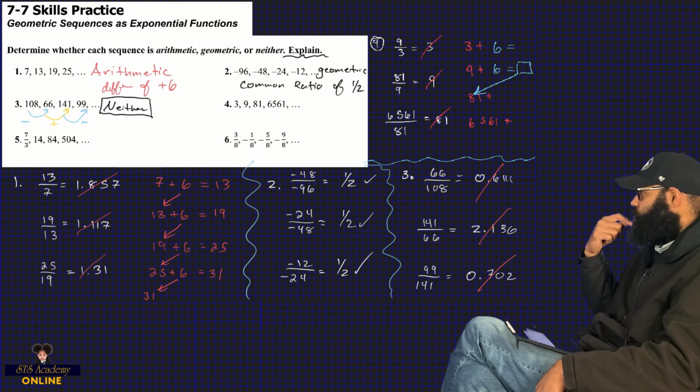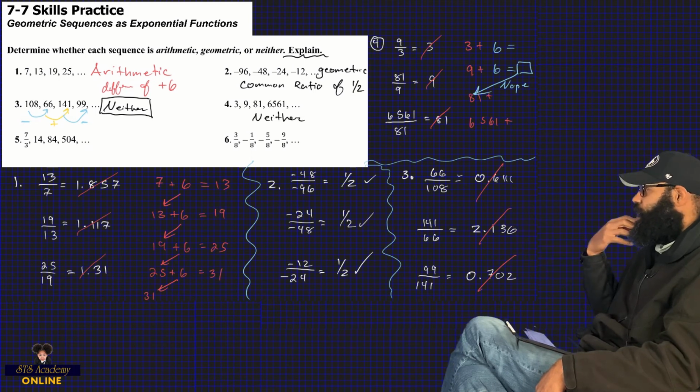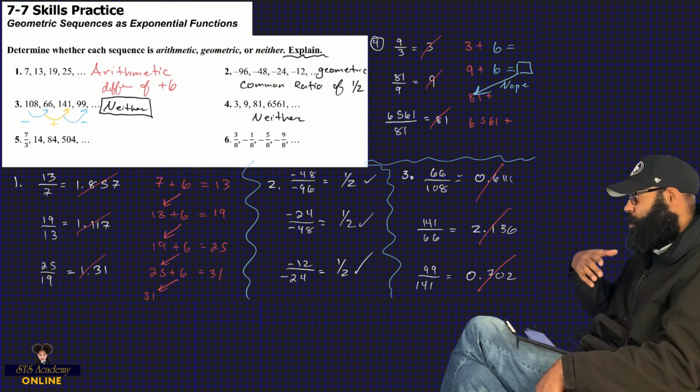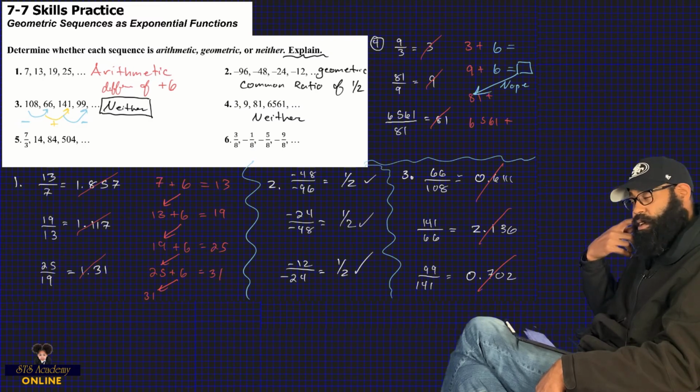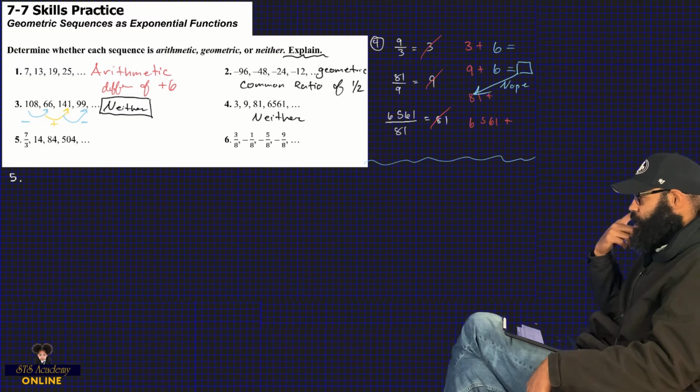Well, 9 plus 6 equals what? Doesn't equal 81. 81 plus 6 sure ain't gonna equal 6,561. So again, guys, I'm going with neither. And it's okay because something's going on, of course, but it's not the geometric sequence or pattern that you're looking for. No big deal, I'm not gonna let the fraction scare me.